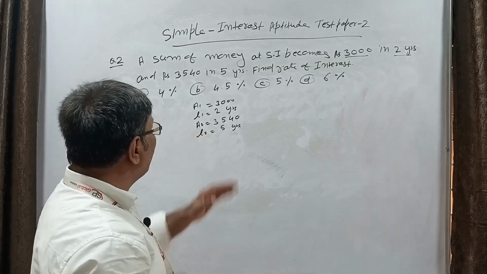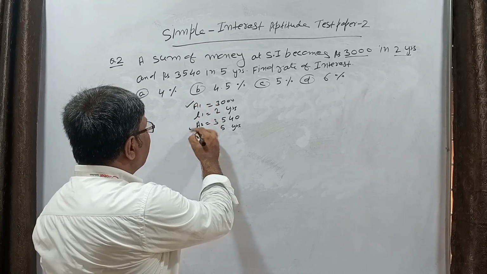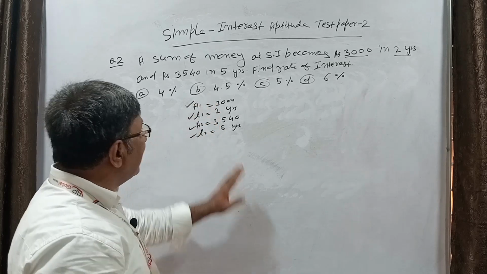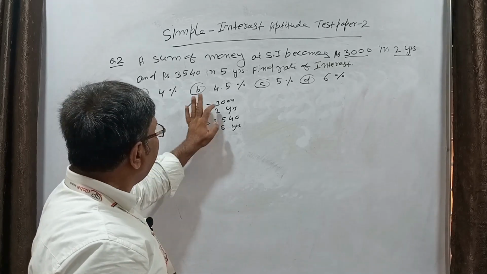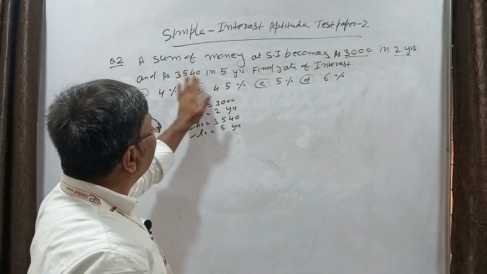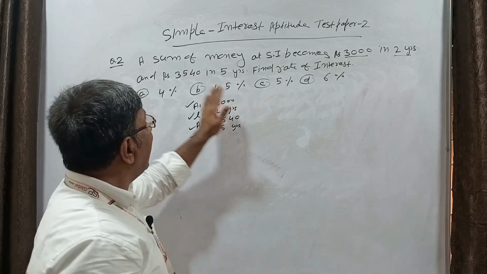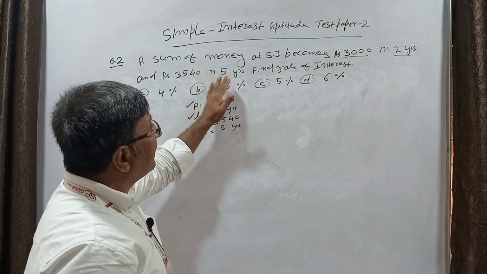So for this type of question, what is the technique? Here the first amount and second amount, and here T1 and T2. So the time difference is what? 5 minus 2, 3 years. So A1, 3000, becomes the principal for the next 3 years, because after 2 years it is 3000 and after 5 years it is 3540.